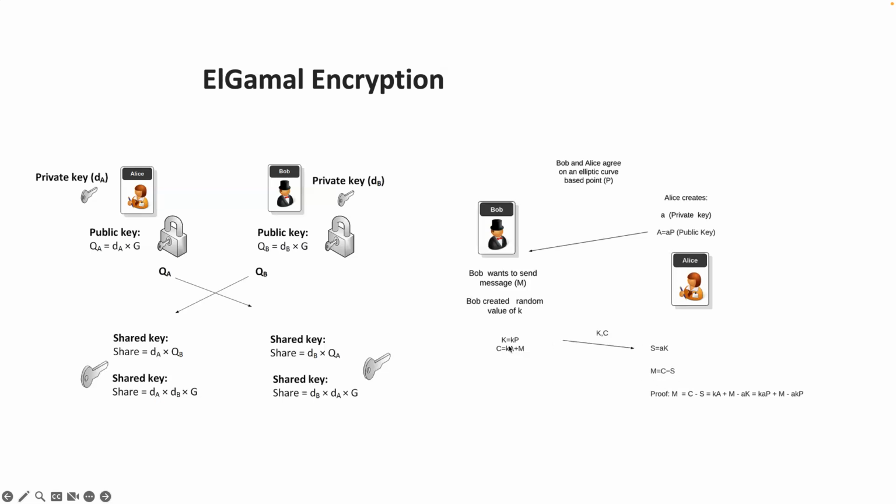This is the so-called ElGamal encryption. So Bob encrypts the message with Alice's public key and then sends the ciphertext, out of which Alice can decrypt and get back M using her private key. We don't have to worry about all the mathematical proof here, but on a high level, is this clear?